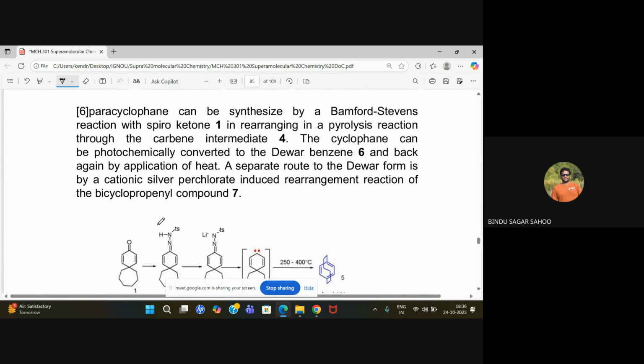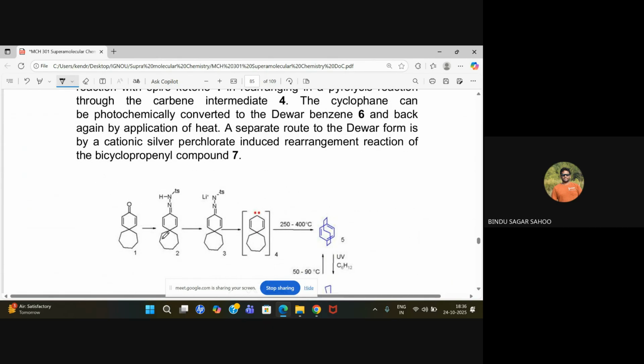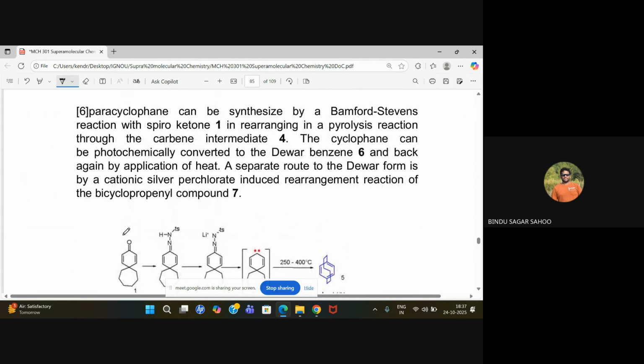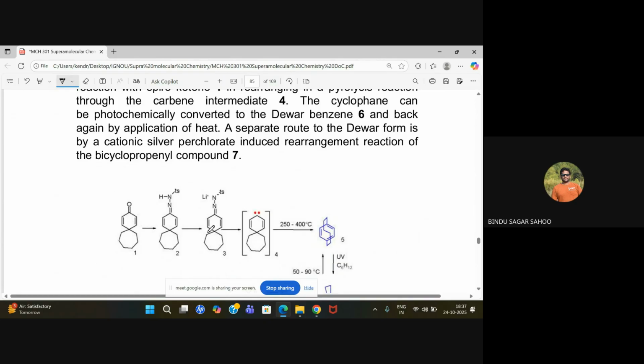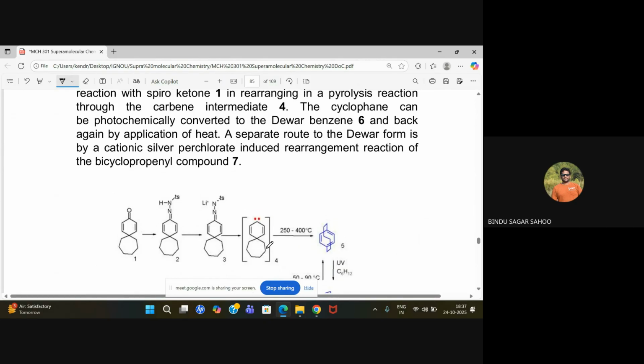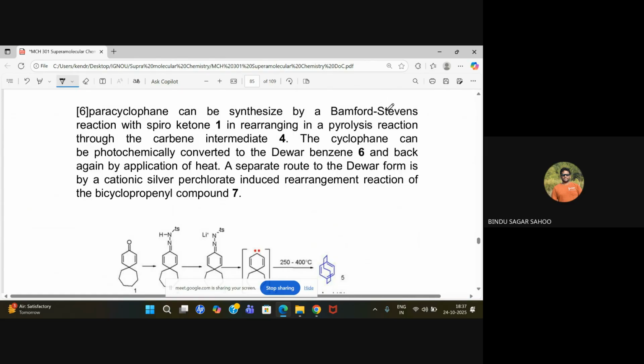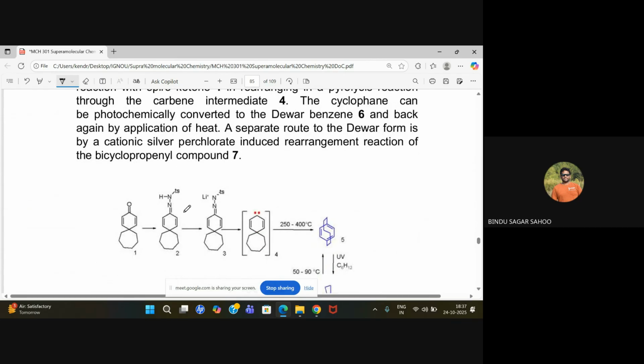And this is the synthesis method of the cyclophanes. For the formation of cyclophanes, initially we need to take the spiro compounds like that. This name reaction forming 1 to 4 is the Bamford-Stevens reaction. By pyrolysis, the carbonyl group at this carbon center gets converted to a carbene structure.